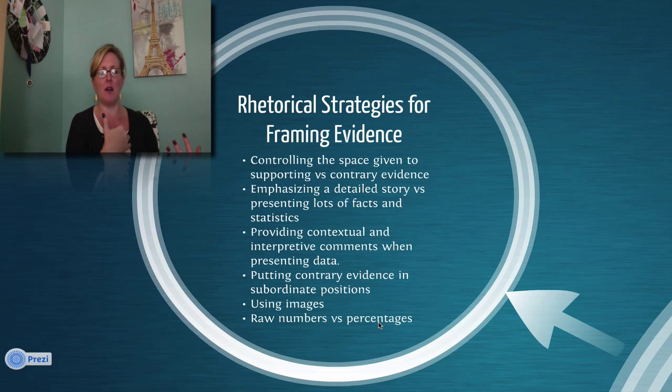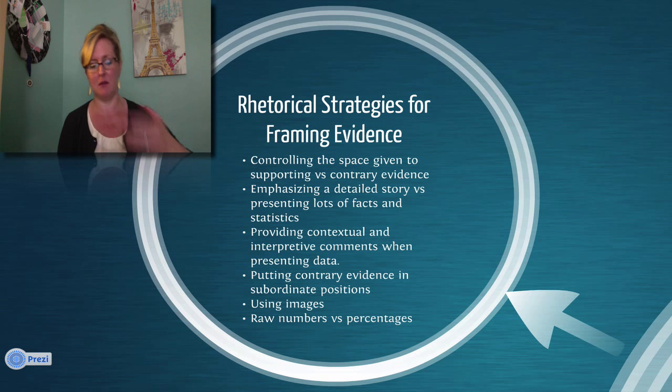If you had the raw number, like if there were 17,000 troops that died one day in a battle, and you're putting forth an argument that we need to get out of Afghanistan or something, that's a very strong number, as opposed to maybe the percentage of that might only be like 1% of our, I know that's not true, of our troops, but you can see where a very large raw number might have a certain emotional impact on an audience.